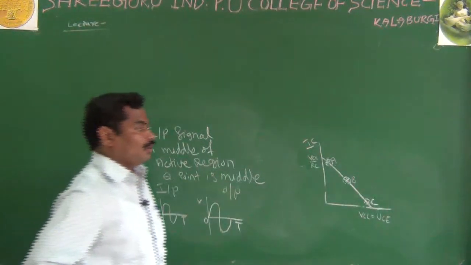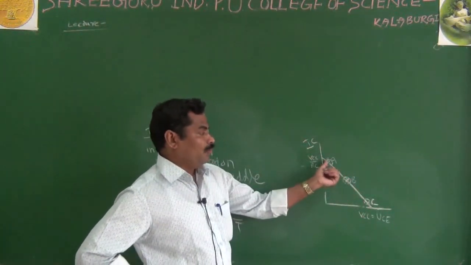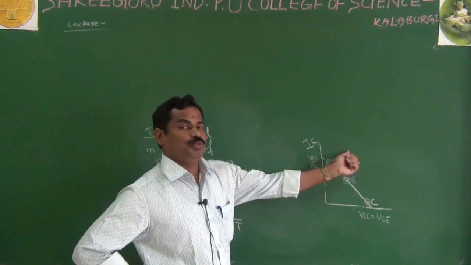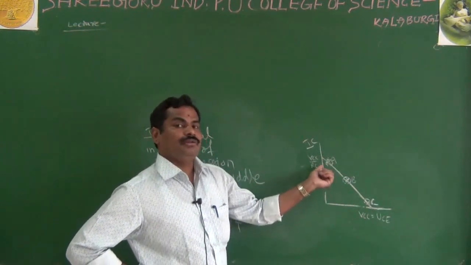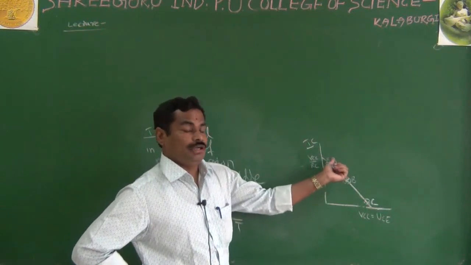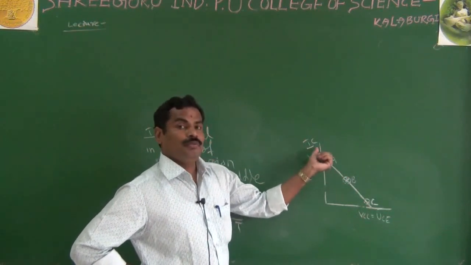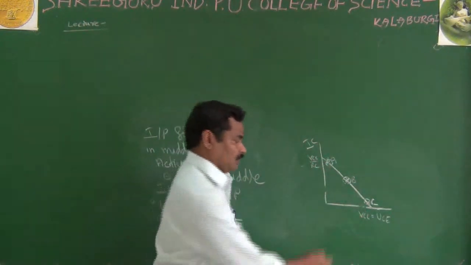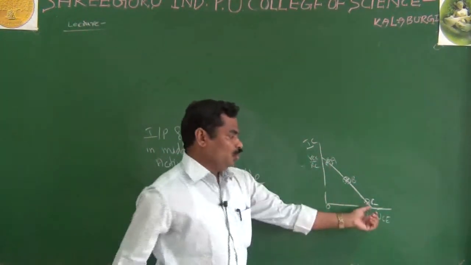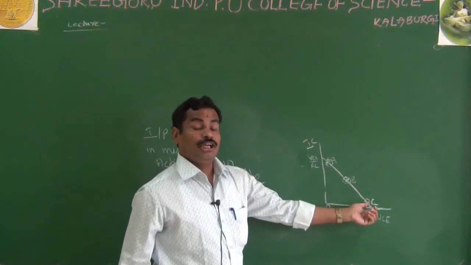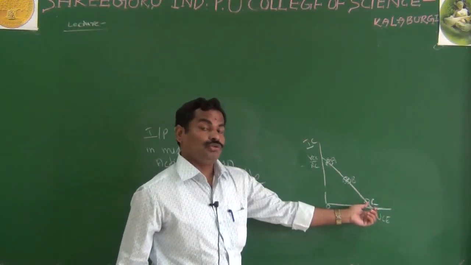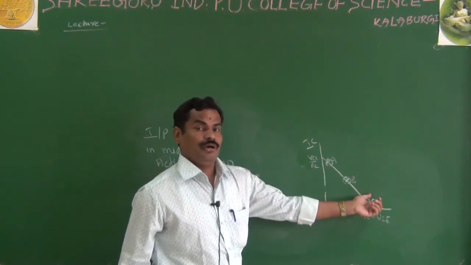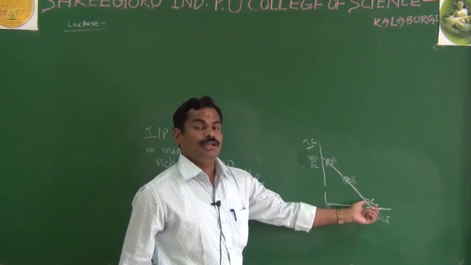If the Q point is near saturation, we are not getting 100% output. We may get the output, but it will be distorted, and the positive half cycle will be clipped. In another case, if your Q point is near the cutoff region, then also the output will be distorted, or your negative half cycle will be clipped.